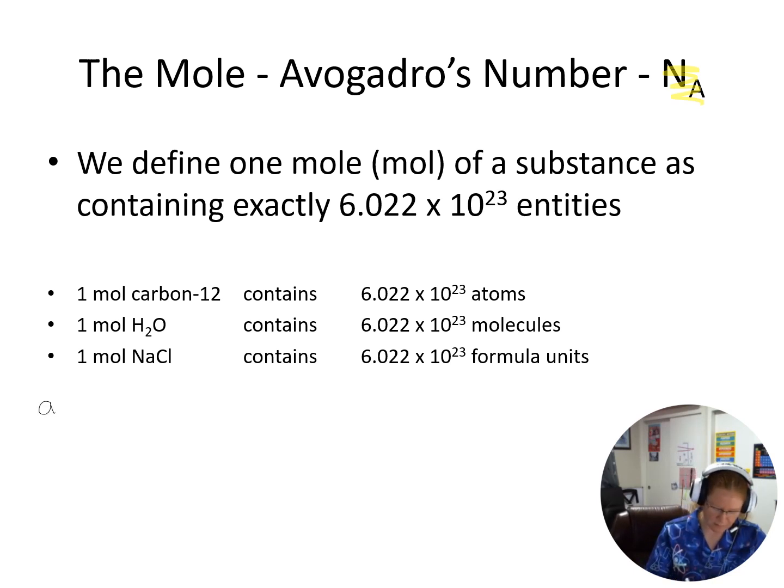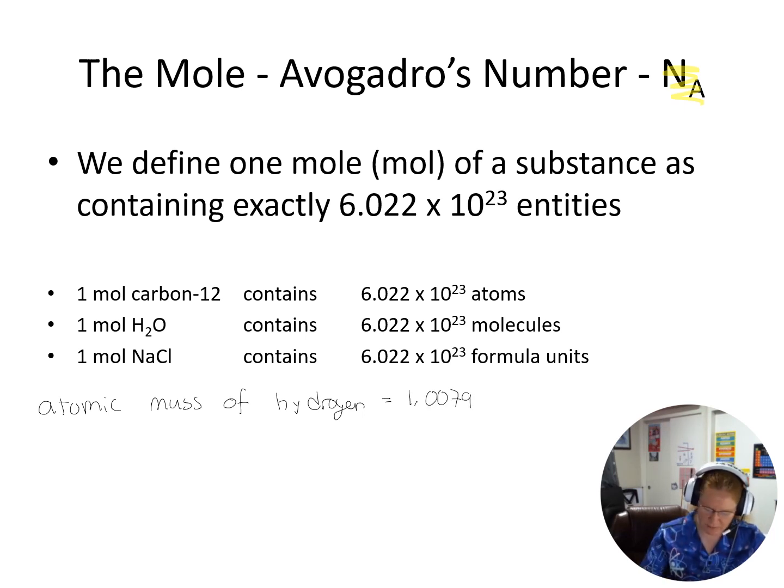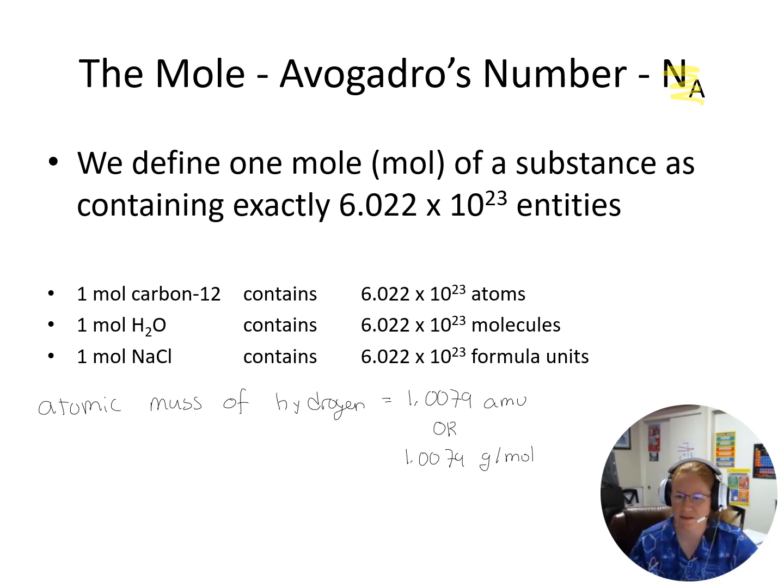So atomic mass equals 1.0079, and I can express it in AMU or grams per mole. What I'm saying is that I have 1.0079 grams of hydrogen for every 1 mole of hydrogen. And if I have 1 mole of something, I have 6.022 times 10 to the 23rd of them.